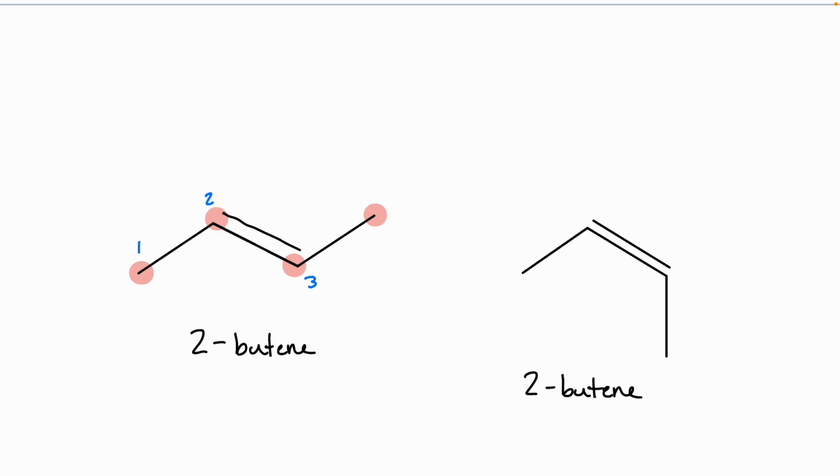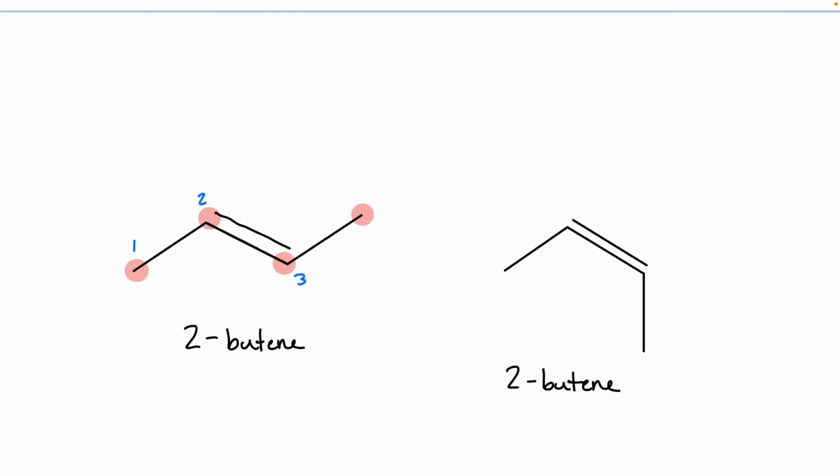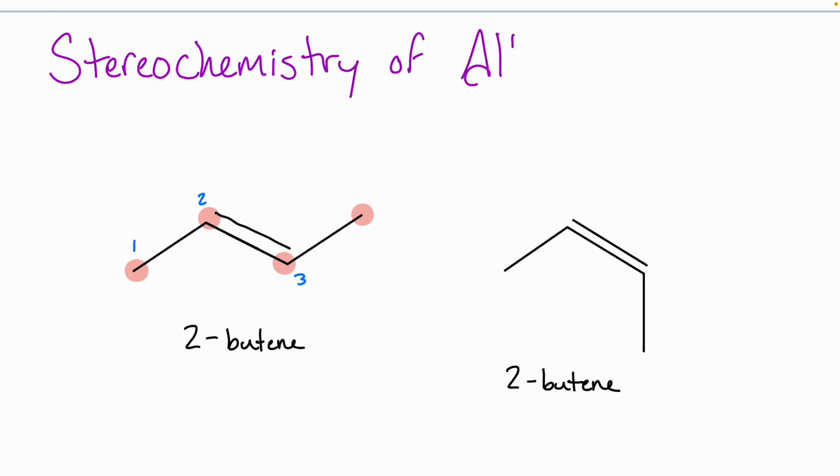But remember, double bonds, you cannot rotate about a double bond. So these are not just two identical molecules drawn differently. These are two distinct molecules. Remember, we have stereochemistry with our alkenes. So let's take a second to remind ourselves about our stereochemistry of alkenes.